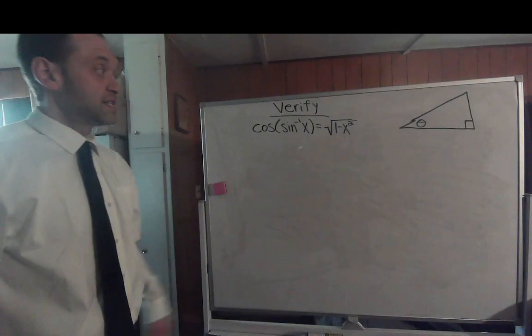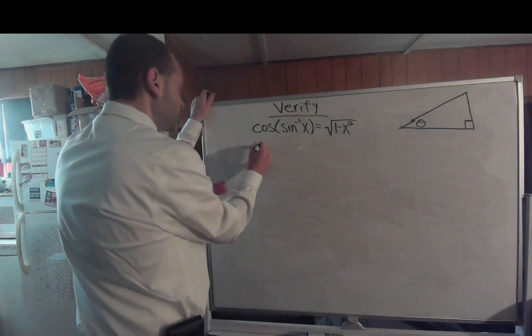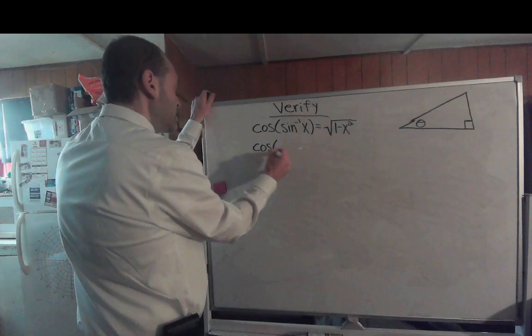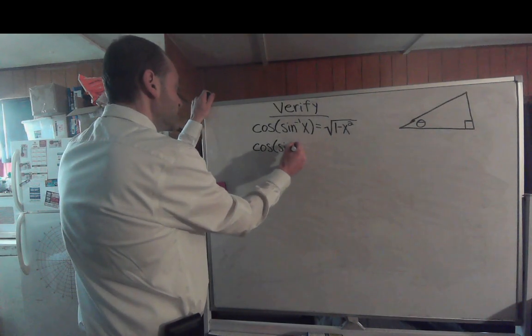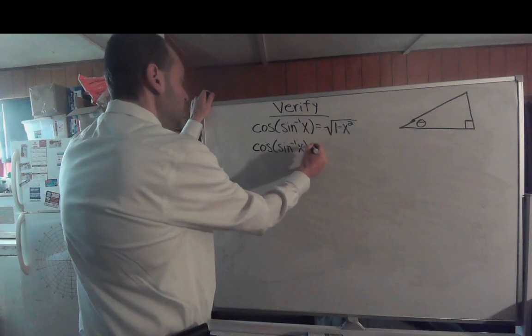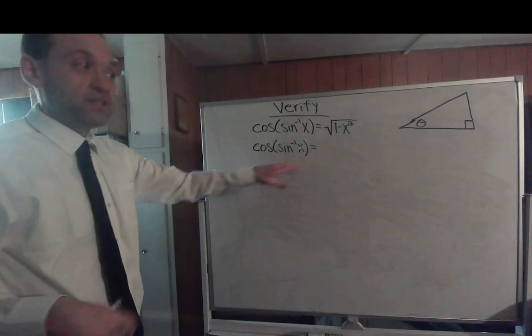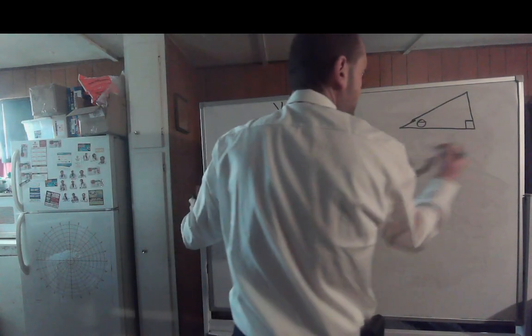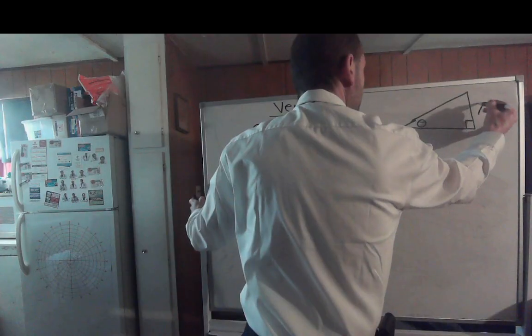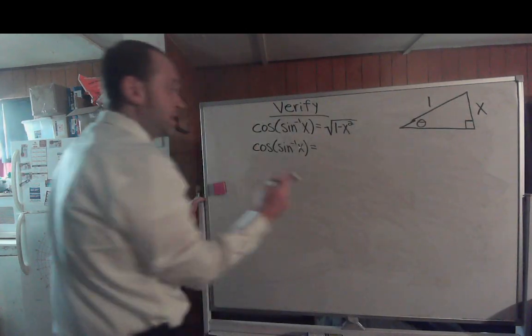So again, let's deal with the left-hand side. The cosine of the sine inverse of x. Now, what angle gives you a sine of x? That's going to be theta. So the sine of theta is x over 1, or otherwise x.